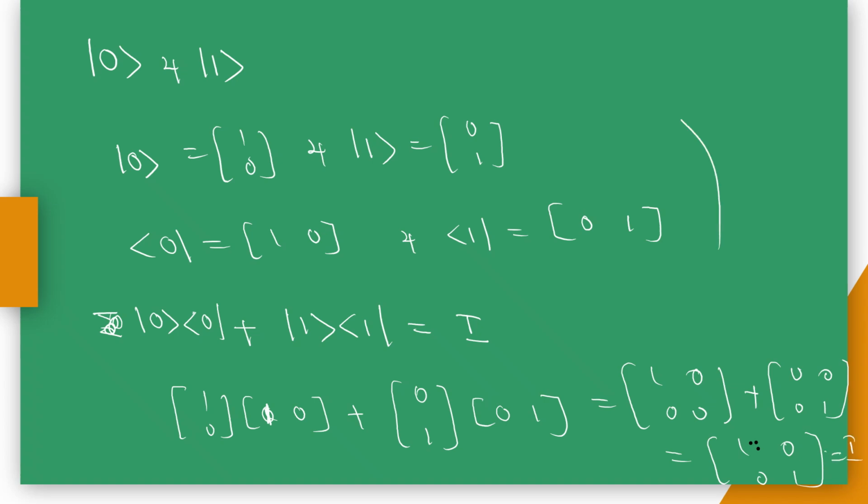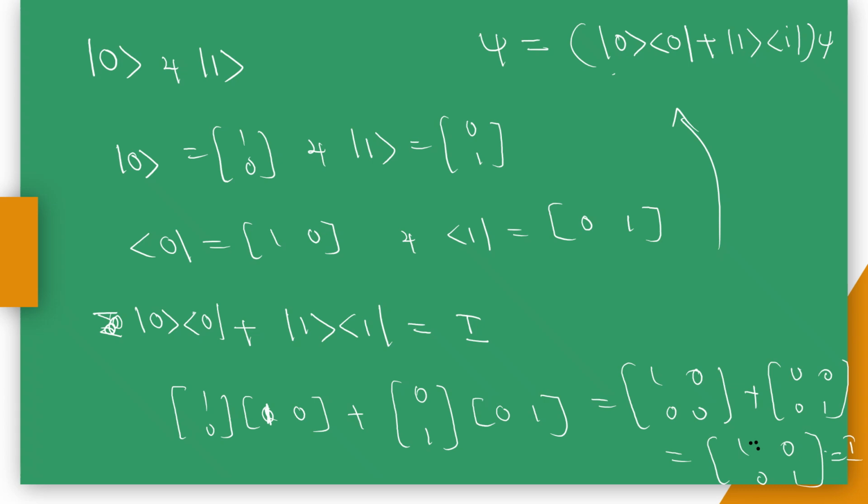Then we can conclude that psi can be written as the identity matrix acting on psi, because there is no transformation.